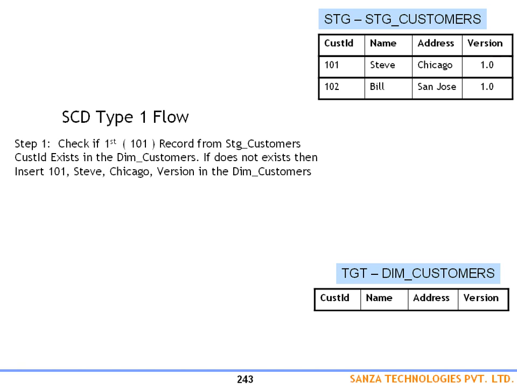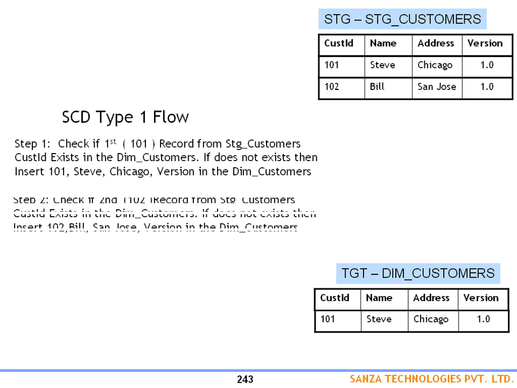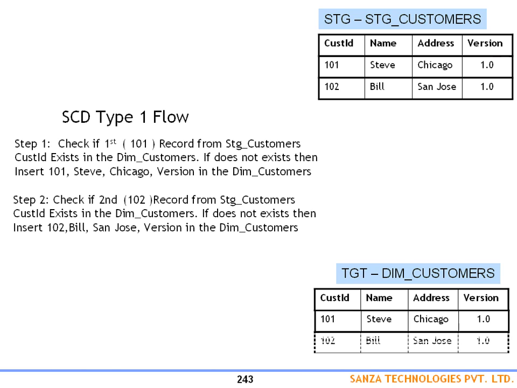When you extract the data 101 from STG customer, does it exist or not in my DIM customer table? If it does not exist, you insert the data. Then the second record coming from the STG customer table, does it exist or not? It does not exist, so I insert it.